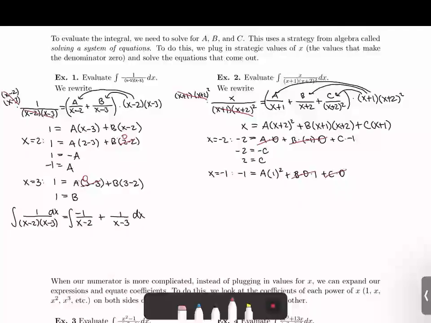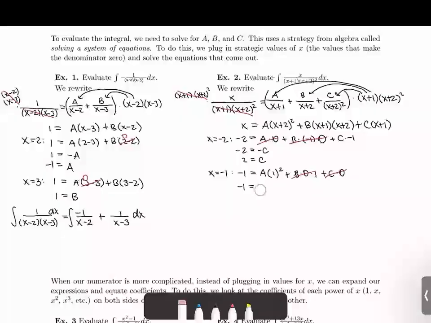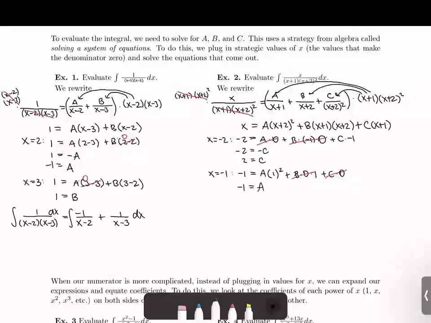So now those last two terms cancel, and whenever we square 1 and multiply that by anything, we just get that same thing. So we have -1 equals a. So this allowed us to solve for a.